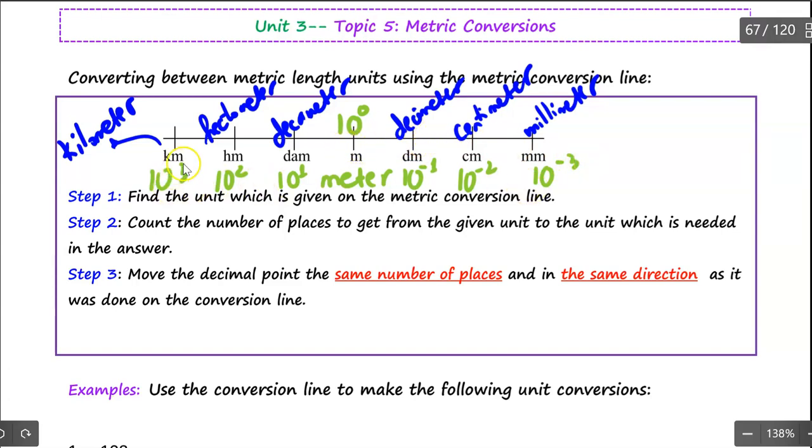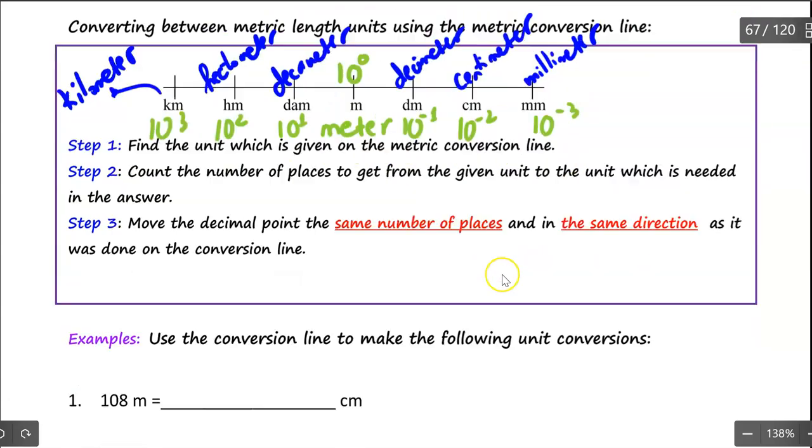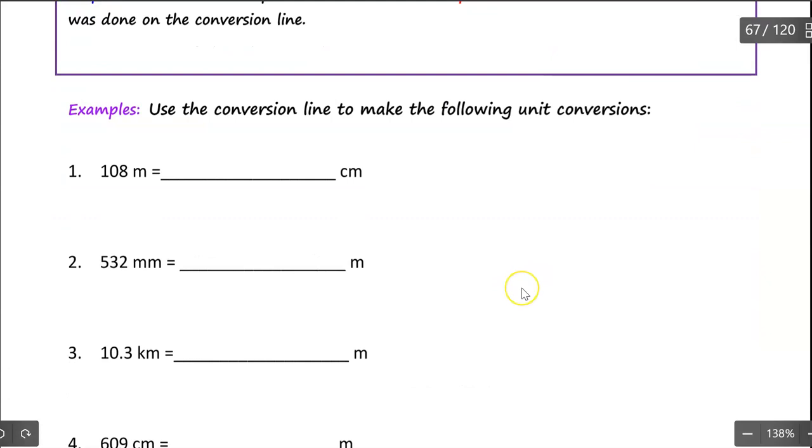So in order for us to convert the unit between the metric system, what we should do is we should concentrate on these number lines. And we are going to locate the decimal point, and we are moving to the unit that we need to convert to. Okay, so let's start with this example.